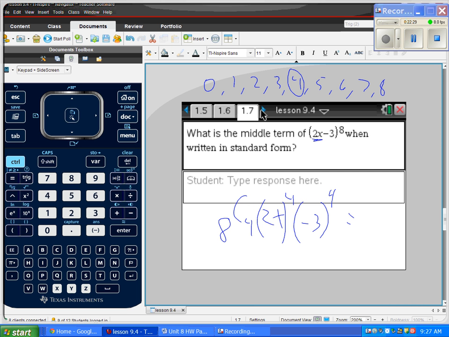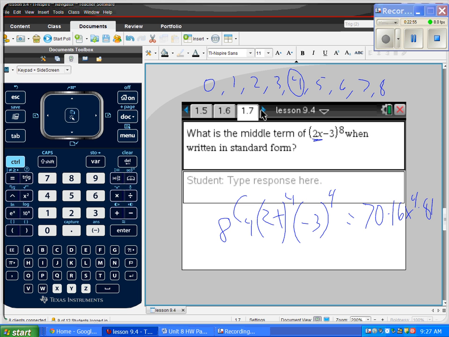What is 8C4? What is it, 78? 70, yeah. What is 2x to the 4th? 16x to the 4th, yes. And negative 3 to the 4th?